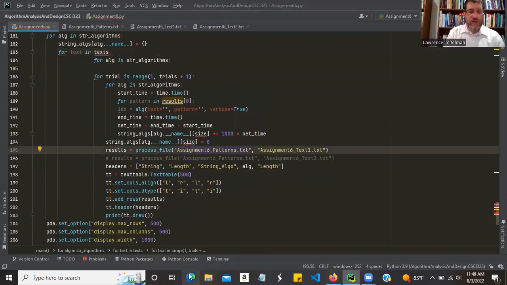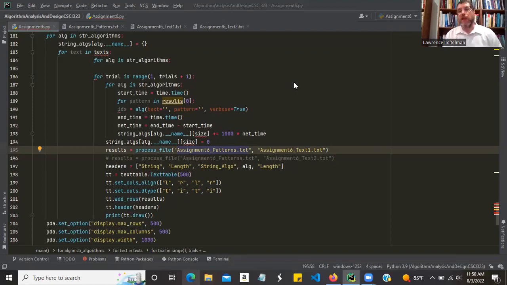You could say text1 equals read file, let's say it's called text1.txt. And then you say text2 equals read file text2.txt. And then you can make a variable, because we only have 2, so you could just do it like this. You could also make it a loop if you want.